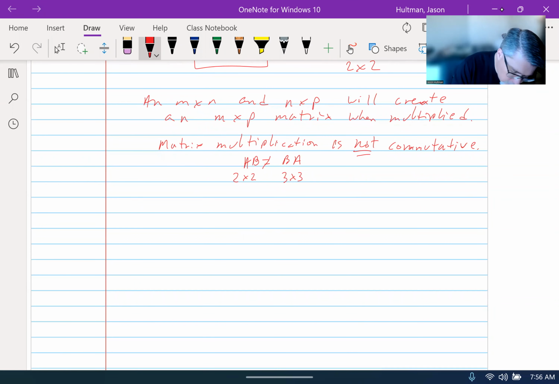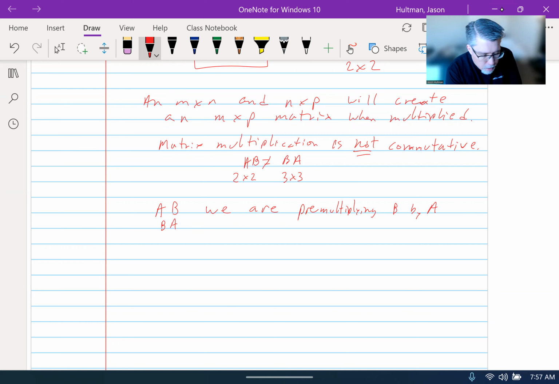Okay, we say that when we multiply A times B, we are pre-multiplying B by A. We can also state it the other way: if we have B times A, we are post-multiplying B by A. Whatever your frame of reference is, is the frame of reference A, or is the frame of reference B?